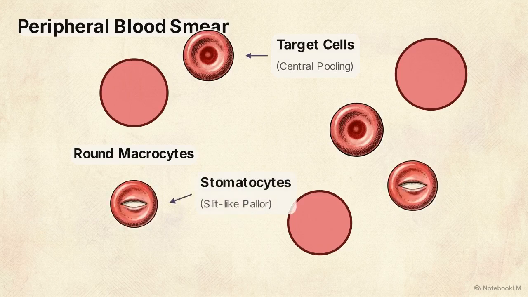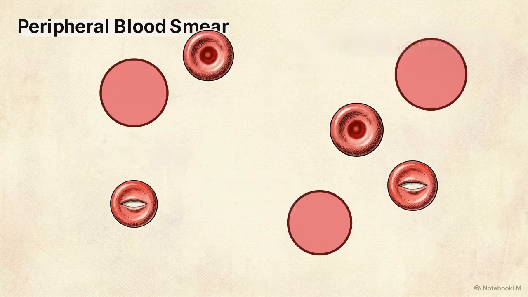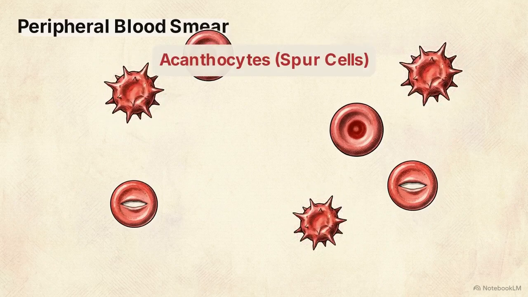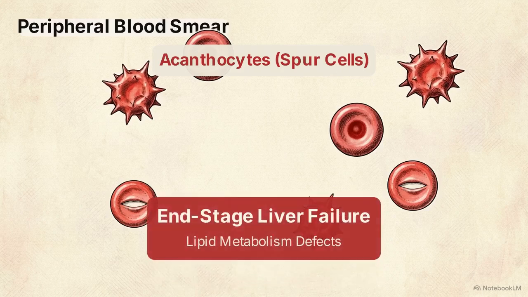Those structural changes represent general liver disease, but the morphology shifts again when the hepatic dysfunction becomes profound. The emergence of acanthocytes, or spur cells, acts as a severe morphologic marker. Their spiked membrane projections point to end-stage lipid metabolism defects driven by severe liver failure.